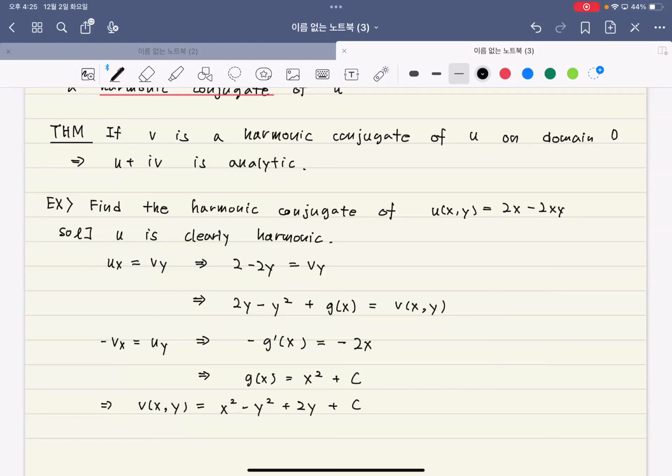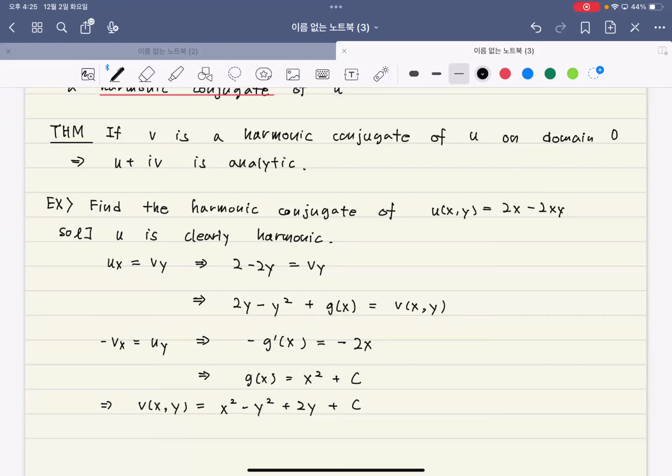Okay, great. So this exercise is done. But I just want to do one more thing. If you were able to find the harmonic conjugate of some harmonic function, then u plus i times v must be some analytic function.